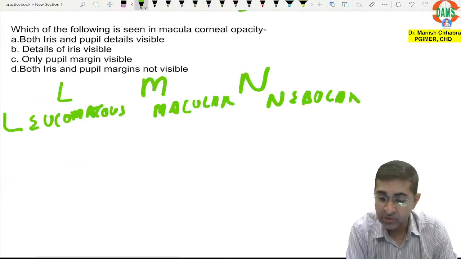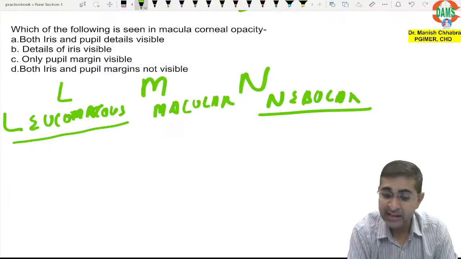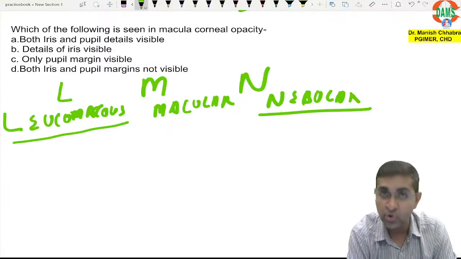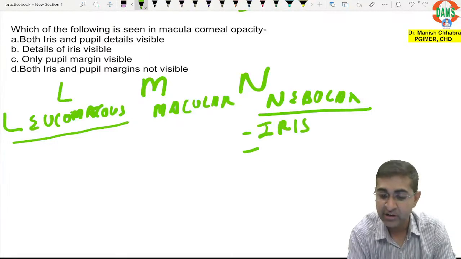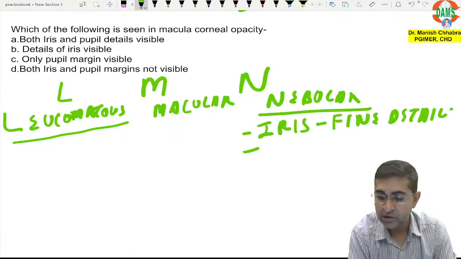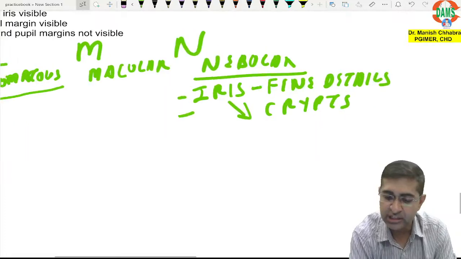See, nebular is mild, leukomatous is severe. When there is nebular opacity, you are able to appreciate the iris fine details, that is, you will see iris crypts and furrows. You understand what are crypts and furrows?